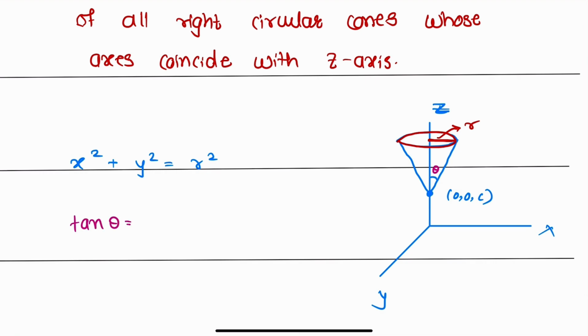Then what can we say about tan theta? Tan theta is opposite upon adjacent, which is R upon the adjacent, this particular height. If we say this particular point is Z, then the height will be Z minus C. We subtract this C distance from the total Z distance, so we are left with this particular distance.